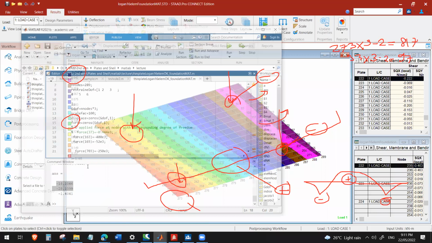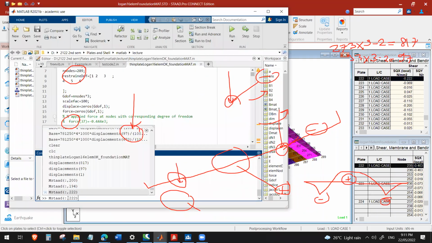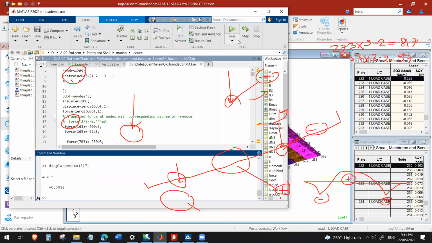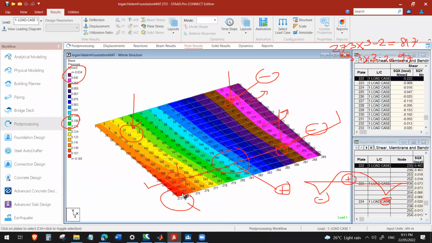Displacement of 817, right? Yeah, 3.3 mm. Since this is the maximum displacement, consistently the maximum pressure is here. Okay.